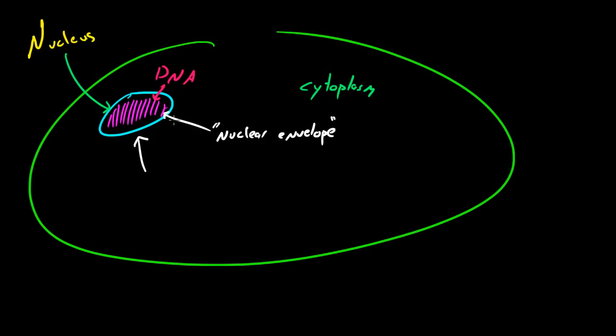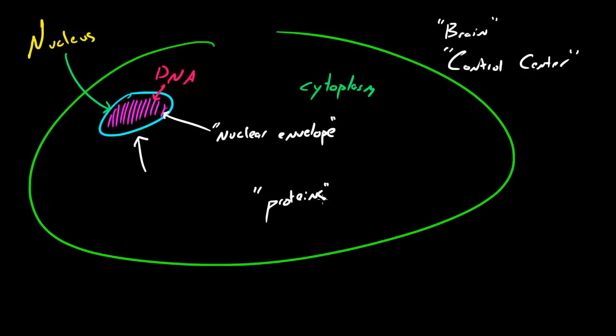Now, the reason that people call the nucleus of your cell the brain or control center, these are terms that you're going to be hearing a lot, is because the DNA inside the nucleus, as we already know, contains instructions on how to build proteins.